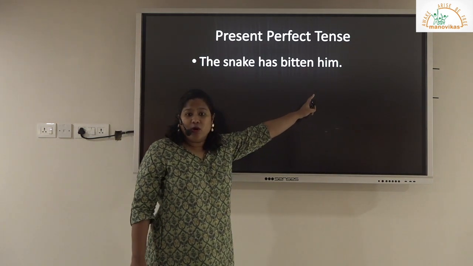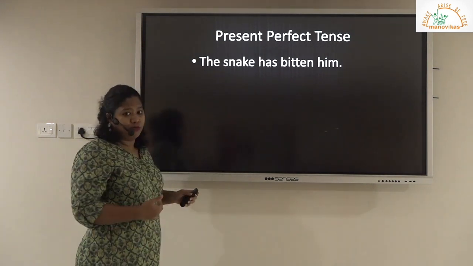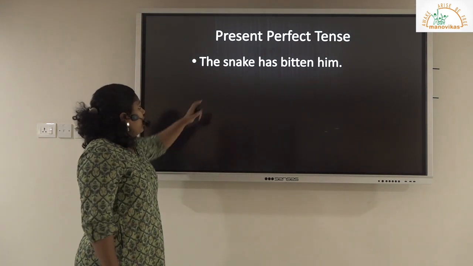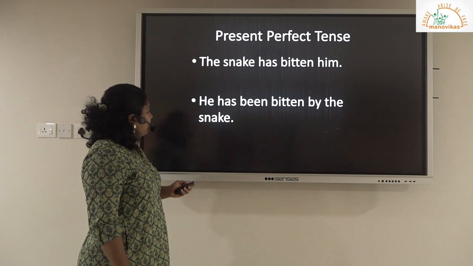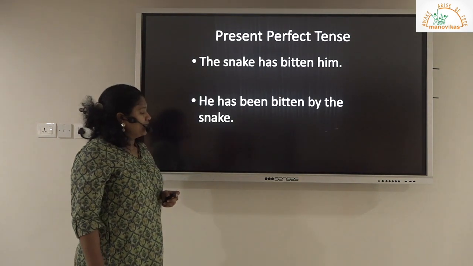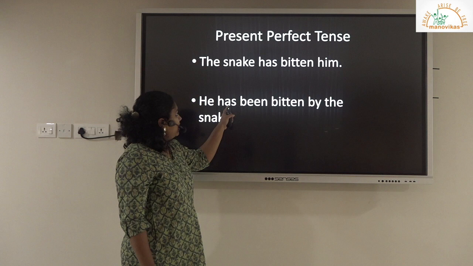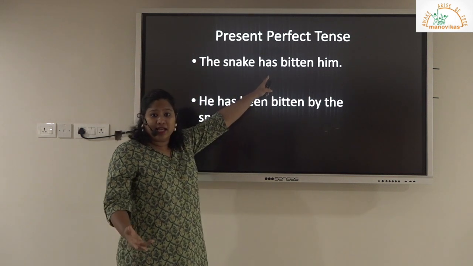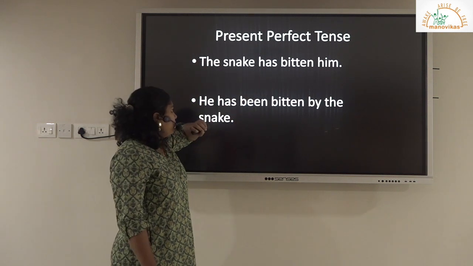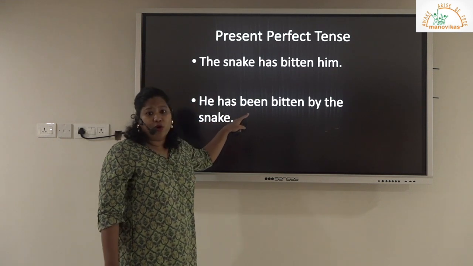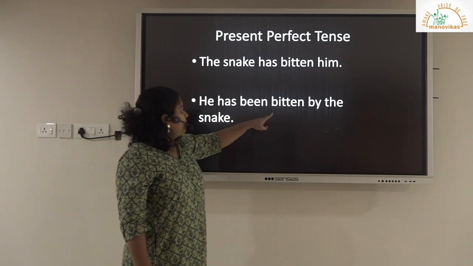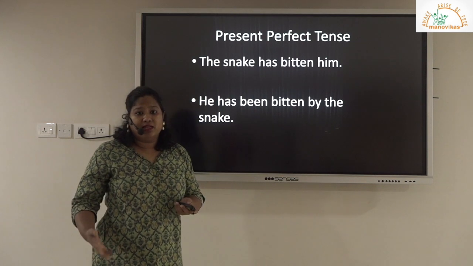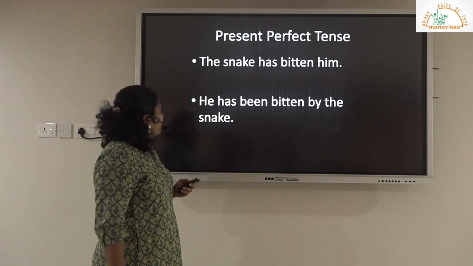Him is my object. So I have to bring the object in front. He has been bitten by the snake. Okay, has lets me keep this tense as the perfect tense. Been is the form of to be. Okay, and bitten is the past participle of bite.